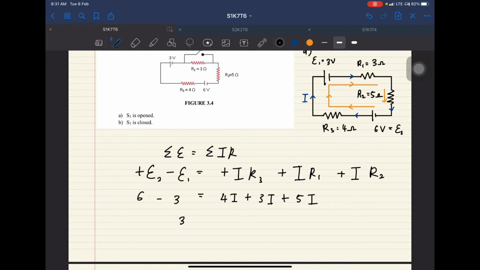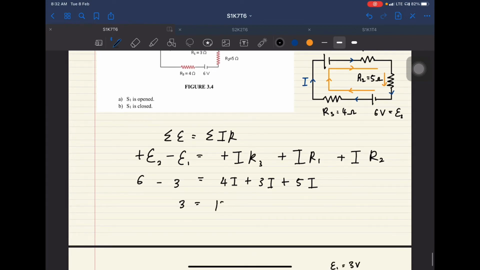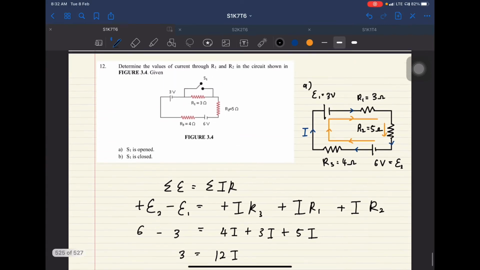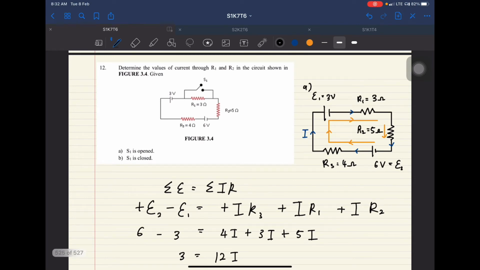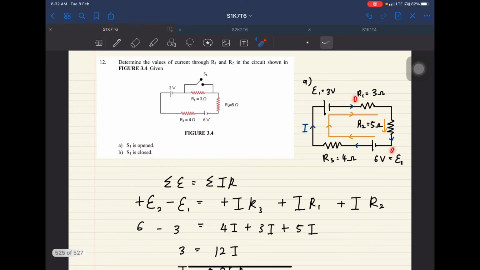So the left hand side is equal to 3, and the right hand side equals 4 plus 3 plus 5, which is 12 I. So I is basically 3 divided by 12, which is 1 over 4, that means it is 0.25. This is current, so it will be ampere. Actually the question wants to find the current passing through R1 and R2, but the current is the same over here and over here.